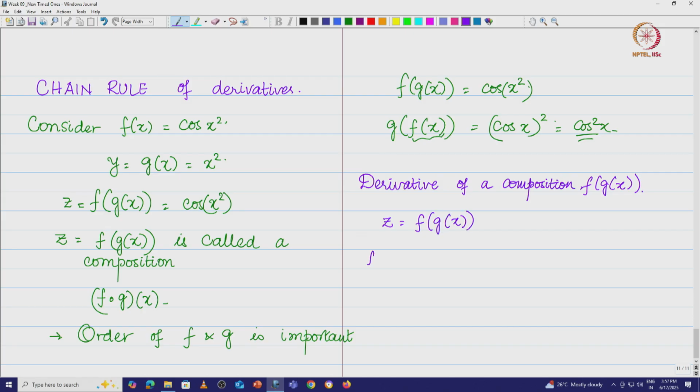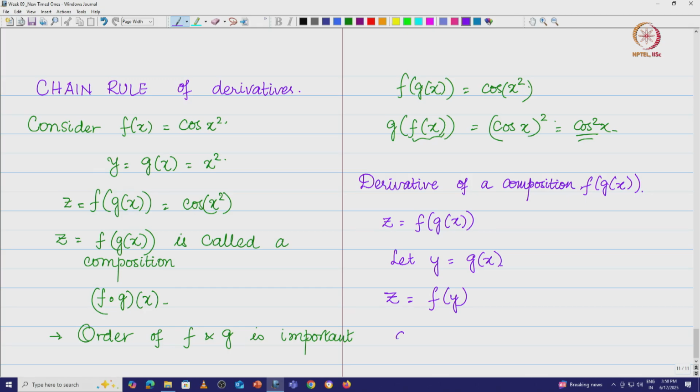Let me make a small substitution here: let g of x be equal to y. So, what do we have now? We have z is equal to f of y.